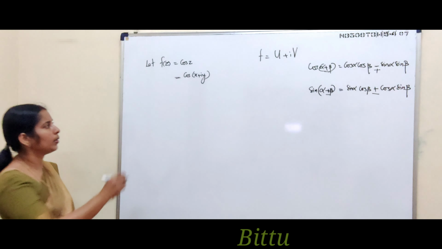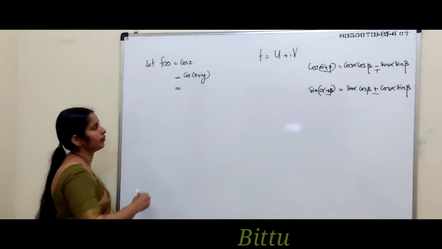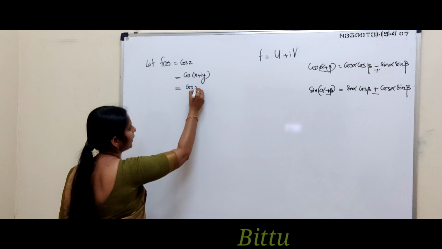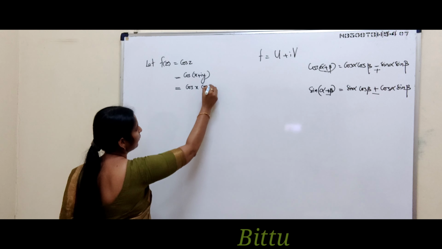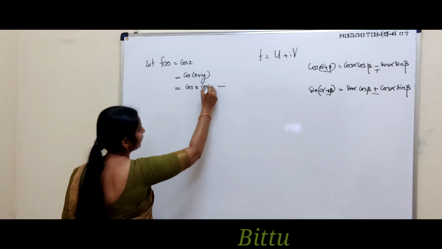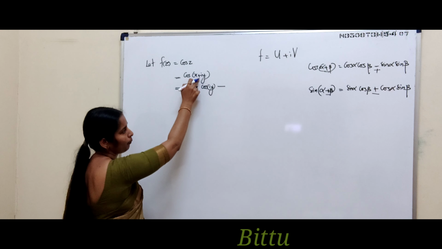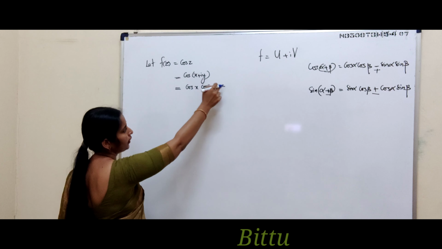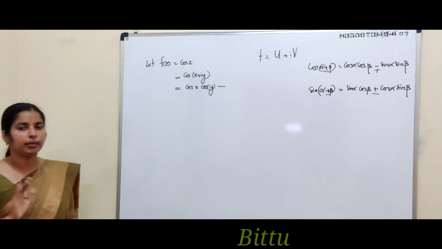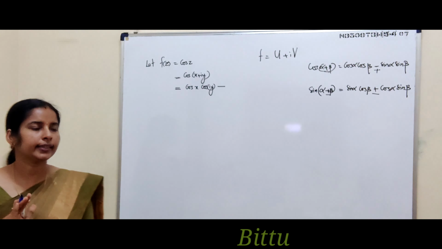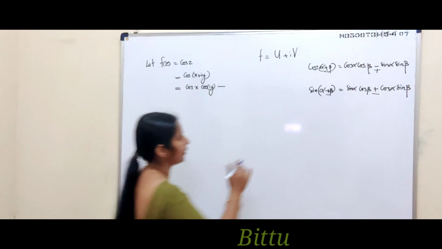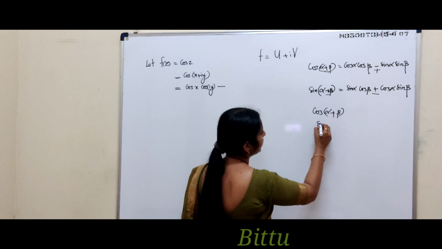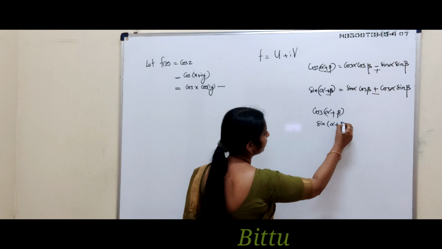See here, cos(x plus iy). So what is cos(x plus iy)? It is cos x cos iy minus, see, if here it is plus, then in the expansion it is negative. But you have to remember, in complex analysis, we need only the results of cos(alpha plus beta) and sin(alpha plus beta).